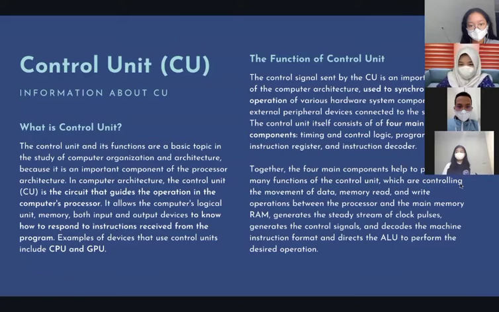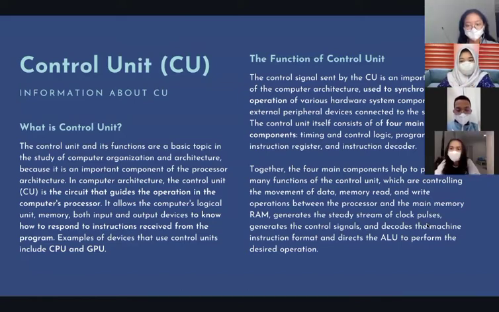Together, the four main components help to perform many functions of the control unit, which are controlling the movement of data, memory read and write operations between the processor and the main memory RAM, generating the steady stream of clock pulse, generating the control signal, and decoding the machine instruction format and directing the ALU to perform the desired operation.